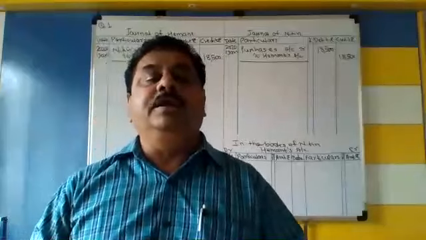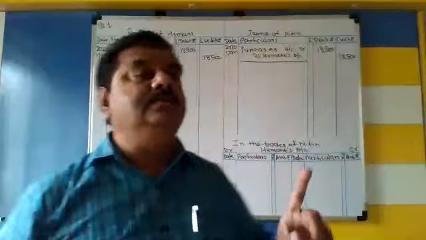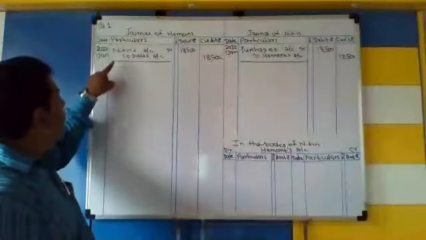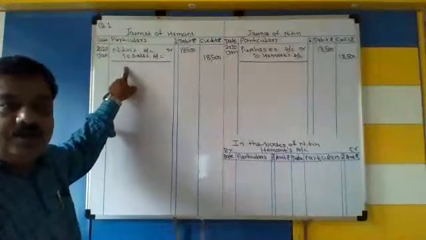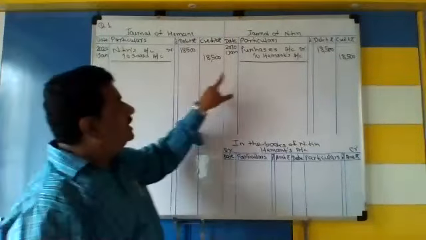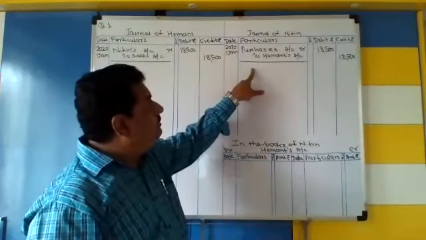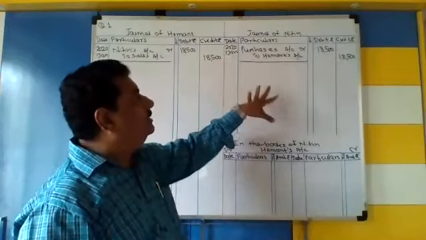So far we have taken one entry each in the books of Hemant and Nitin. What entry did Hemant pass? Nitin account debit to sales, because goods are sold to Nitin on credit. Then what is the entry taken by Nitin? Purchases account debit to Hemant, because the goods are purchased from Hemant.